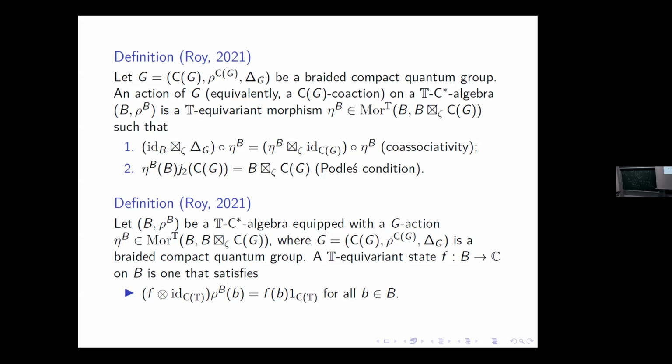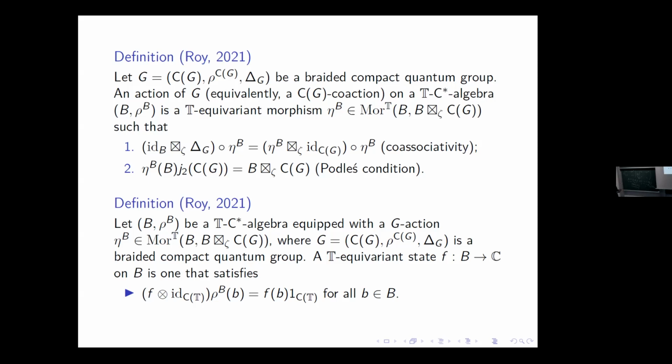Once you have an action of a braided compact quantum group on a T-star algebra, you can ask when I can call a state equivariant with respect to the action of G. For that, we need the state to be T-equivariant, which is defined as follows. F is a state on B. Pick a little b from capital B, apply the coaction of C(T) on the element b, you land inside B braided with C(T), and then apply F on the first leg.